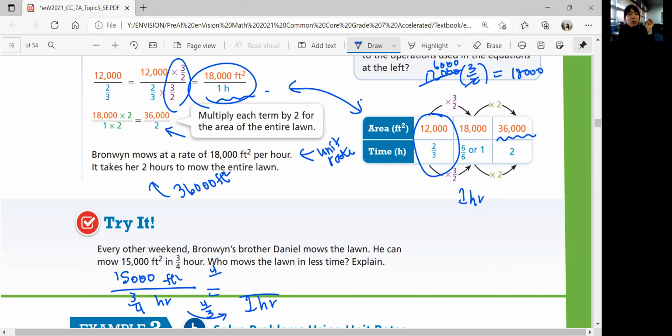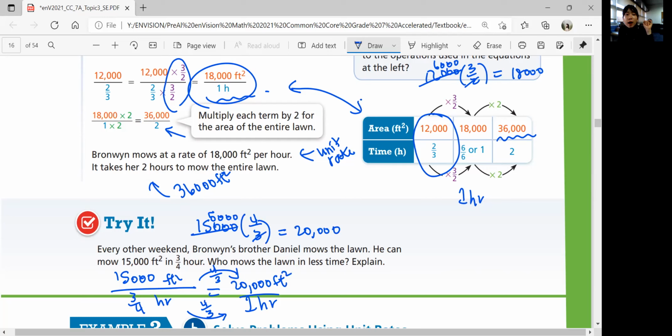So then you're going to multiply 15,000 by 4/3. So let's multiply 4/3 and 15,000. Divide 15,000 by 3. You get 5,000. And multiply 5,000 by 4. You get 20,000. And so how much area?